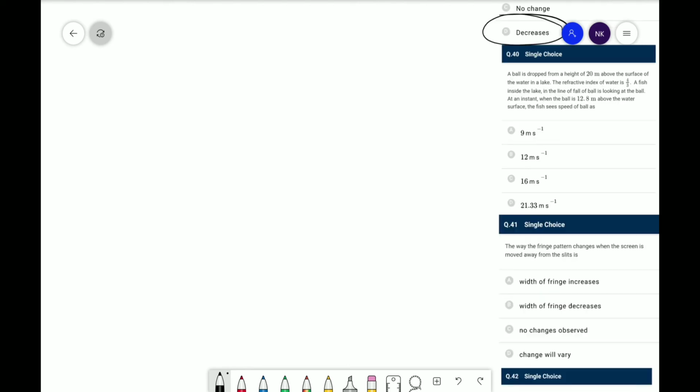Here is the next question. A ball is dropped from a height of 20 meters above the surface of the water in a lake. The refractive index of water is 4/3. A fish inside the lake, in the line of fall of the ball, is looking at the ball. At the instant when the ball is 12.8 meters above the water surface, the fish sees the speed of the ball as?